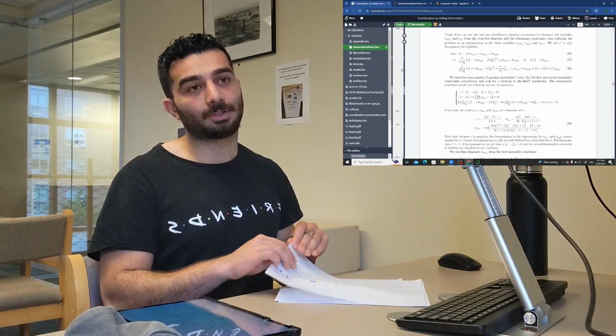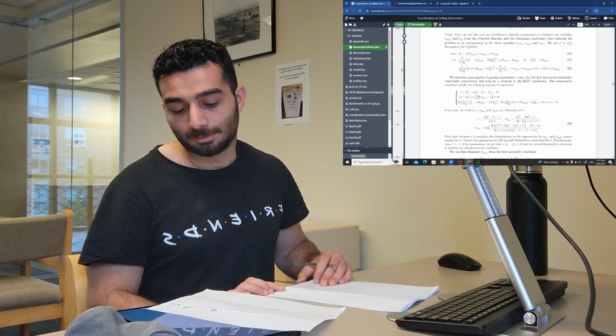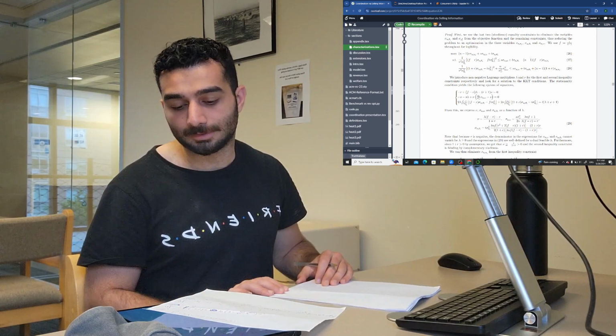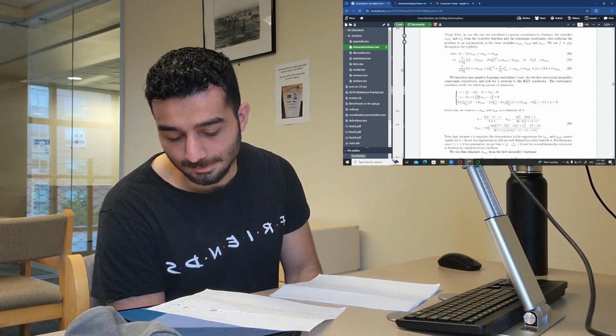And now we have a stationarity. Nu, first of all, we usually compute nu based on lambda.